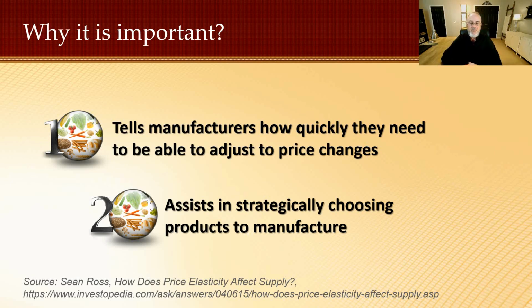For example, if I'm a baker and I make hot dog buns, I may invest in equipment to bake pies or cakes should hot dog bun prices fall. If prices go up on hot dog buns and I need to rapidly decrease how many buns I'm making, I need to be able to shift over and say, let's make some pies, or let's make some cakes. Let's produce something that people are actually buying right now and buying at a higher price. So that's why it matters that you know about price elasticity of supply.